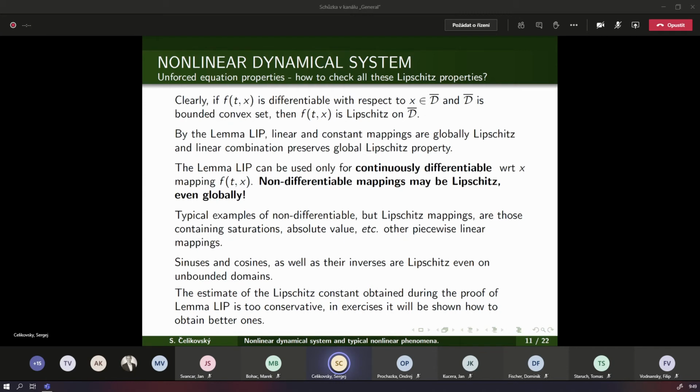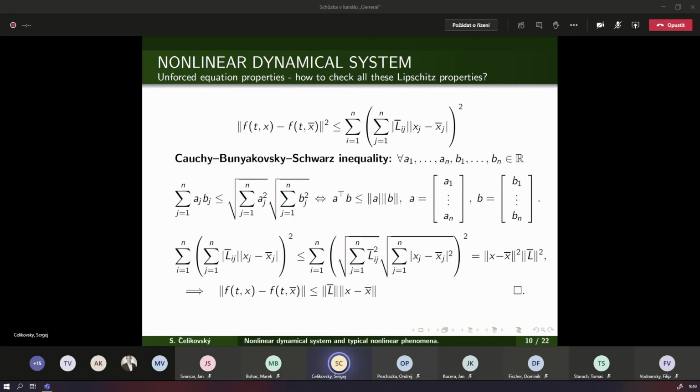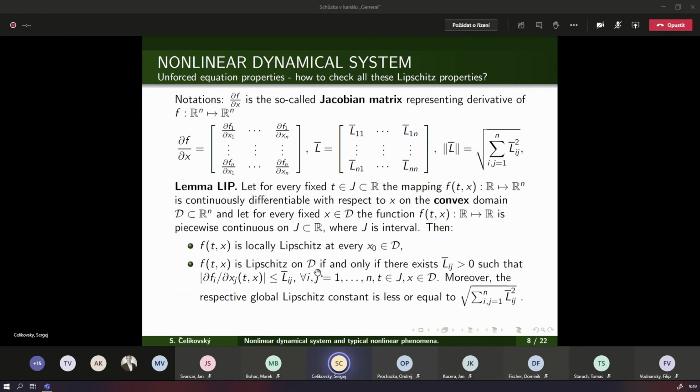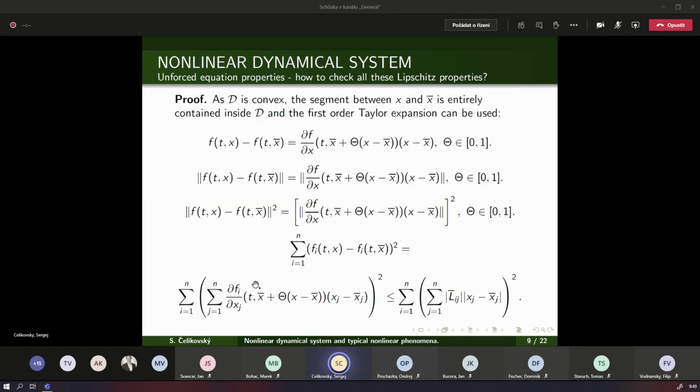So automatically the assumptions of the lemma are satisfied. These constants should exist because we are on a finite set.